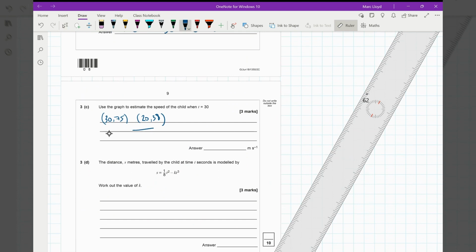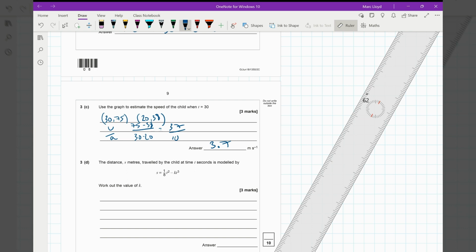So for the across bit, 30 take away 20, and then we've got the up, 75 take away 38. I'm going to use my calculator. 75 take away 38 is 37 over 10, and that gives us 3.7.